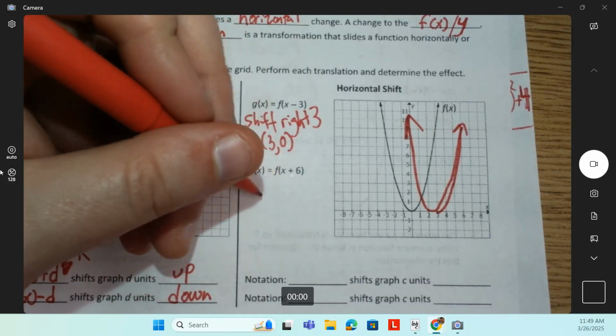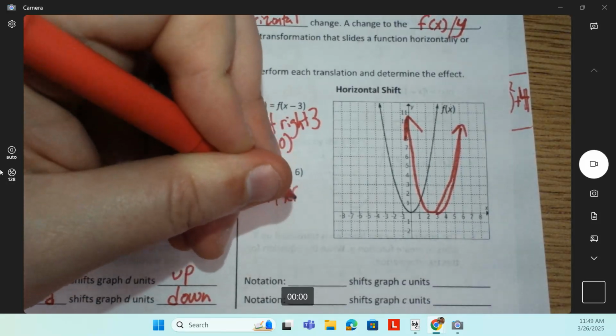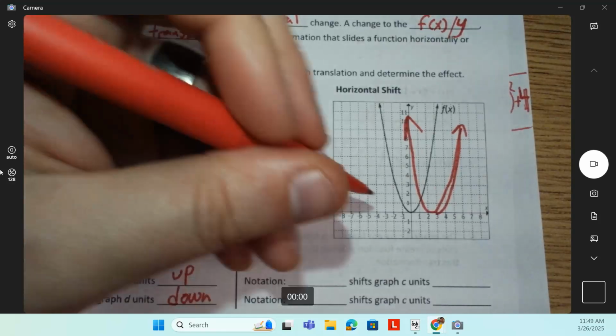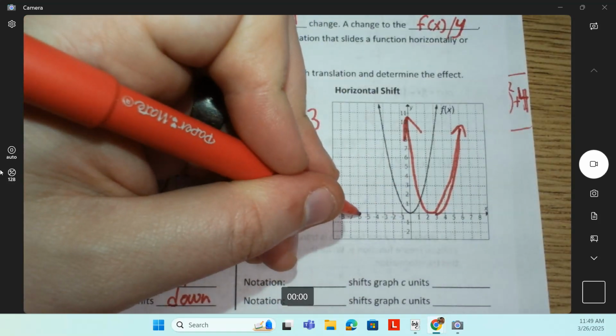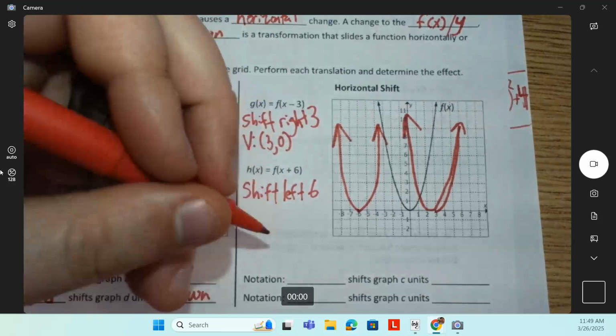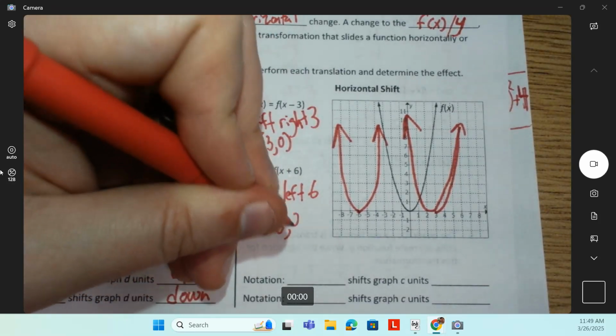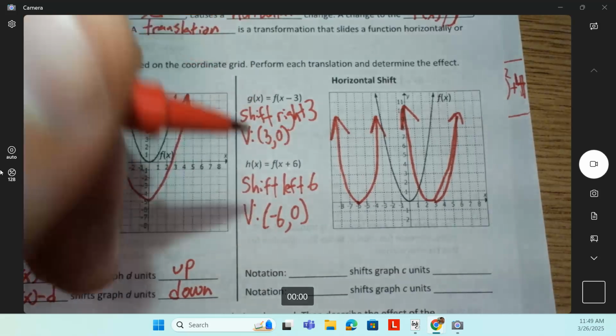If it's plus 6, it's going to shift left 6. And the vertex is going to move to negative 6, 0. And the axis of symmetry would change.